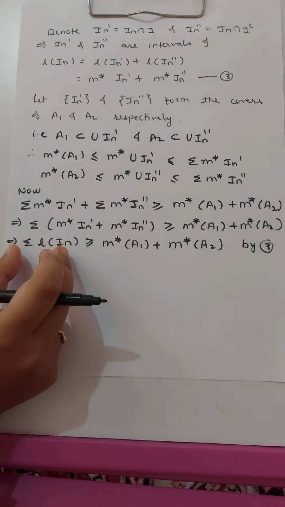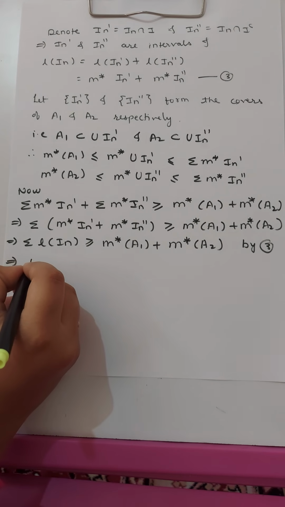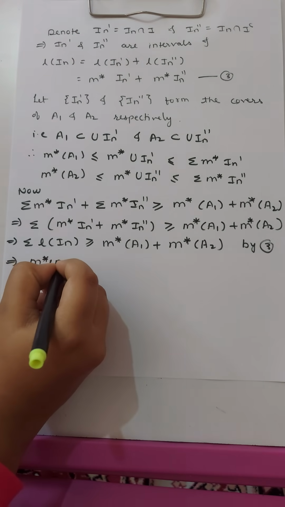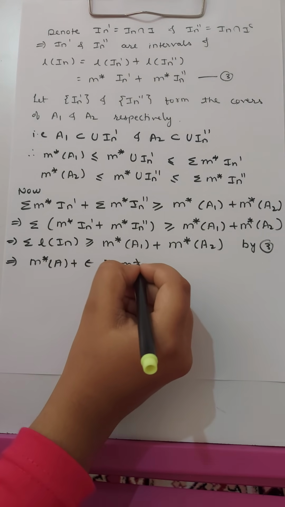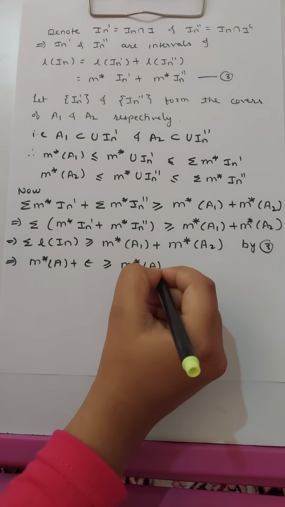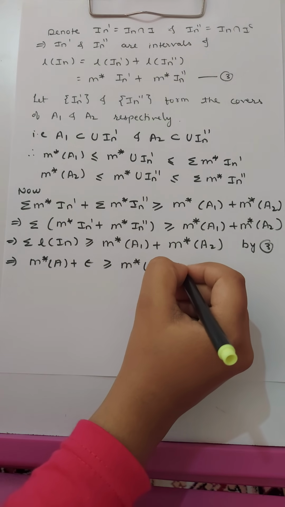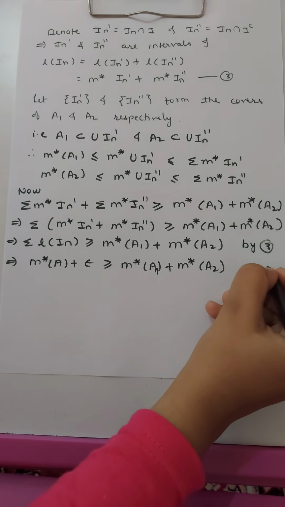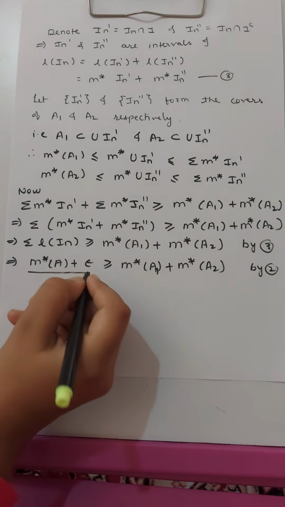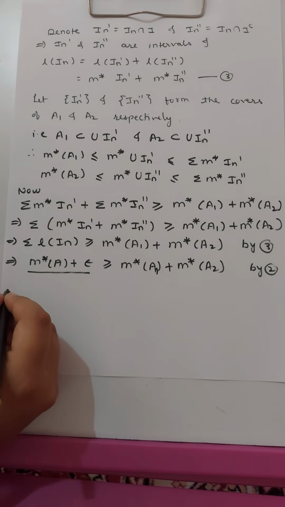Now this summation length of In is less than or equal to outer measure of A plus epsilon, which is greater than or equal to outer measure of A1 plus outer measure of A2, by second. We have taken this from second.